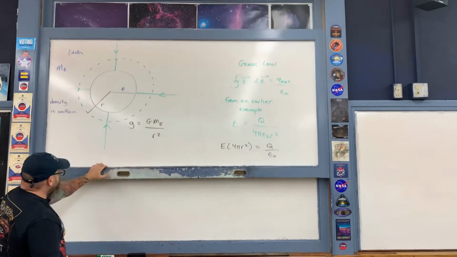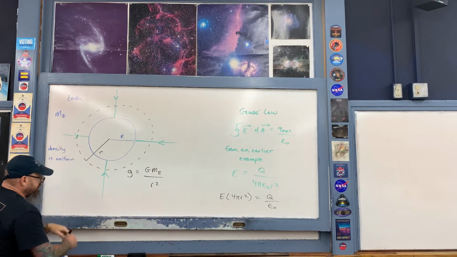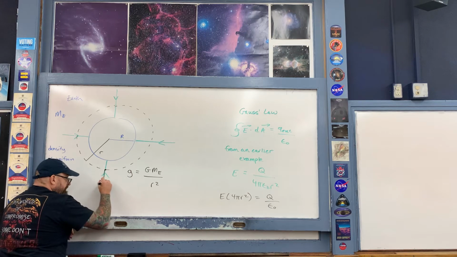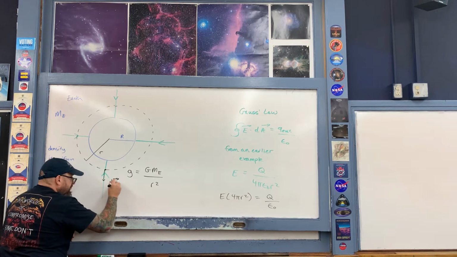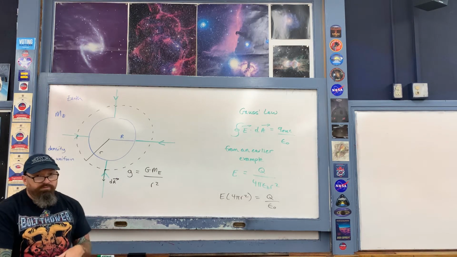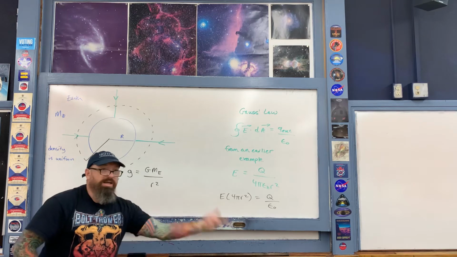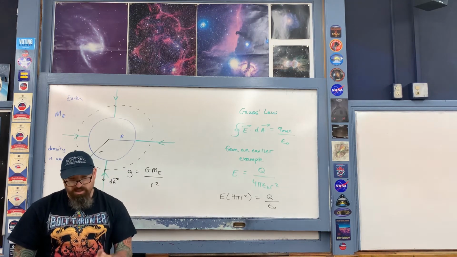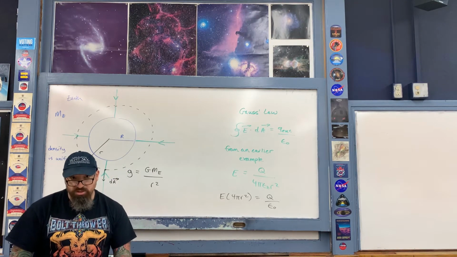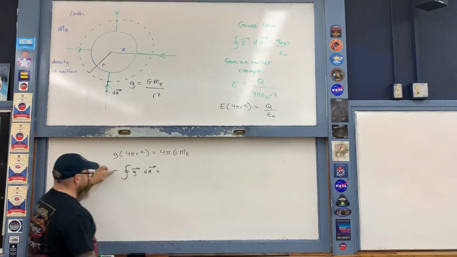So on the top diagram, right here in green, is the g field pointing inwards towards the center of the Earth. Right here at this location, for example, here's our area vector dA, like so. Notice that they are pointing in opposite directions. So therefore, if we calculated the flux integral, we would end up with a negative number. We need to cancel out that negative sign in order to come up with an expression for the magnitude of the g field. Hence, the negative sign that appears right here.